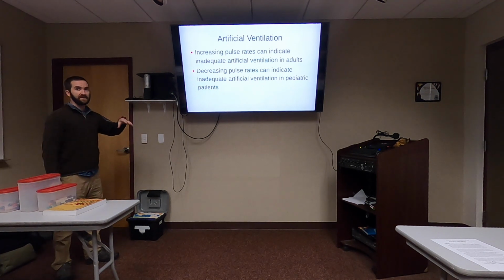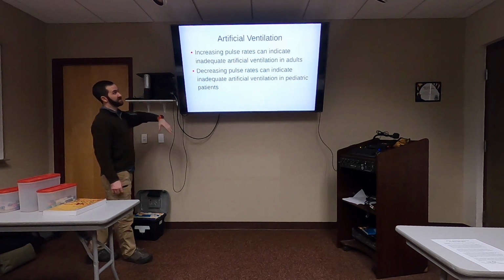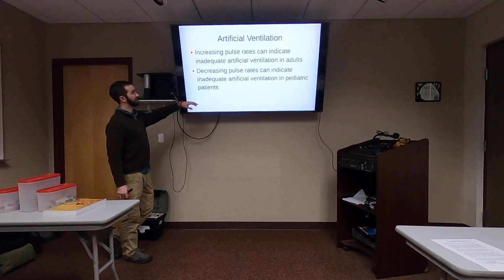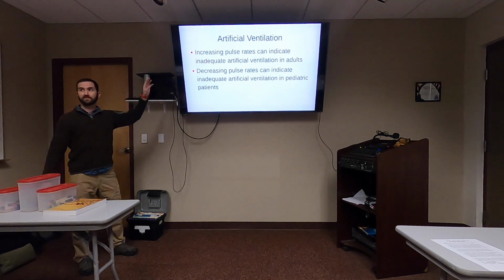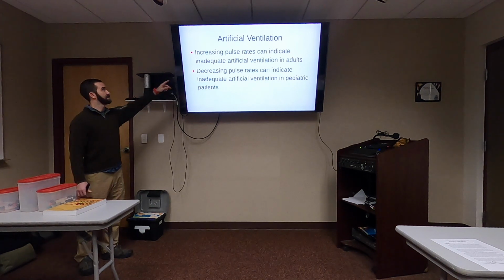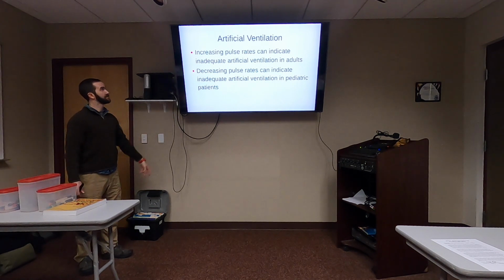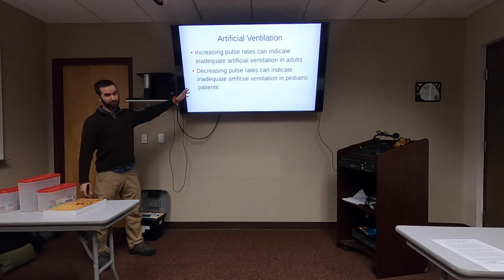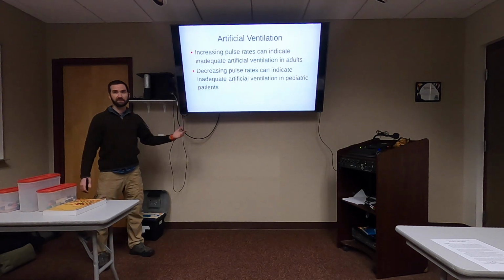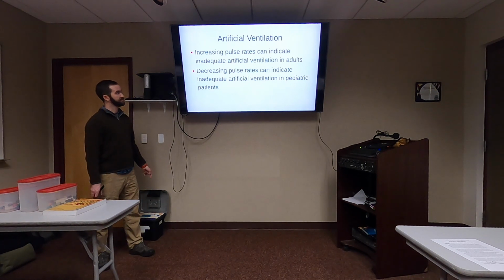When they start getting low oxygen, their pulse starts going down, and as you reoxygenate them, their pulse starts going back up. So it's kind of an inverse relationship compared to adults. For kids, if you see bradycardia or low heart rates, think airway or oxygen.